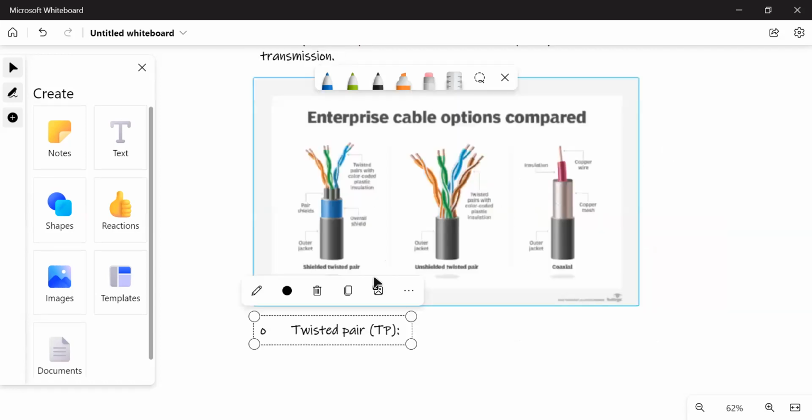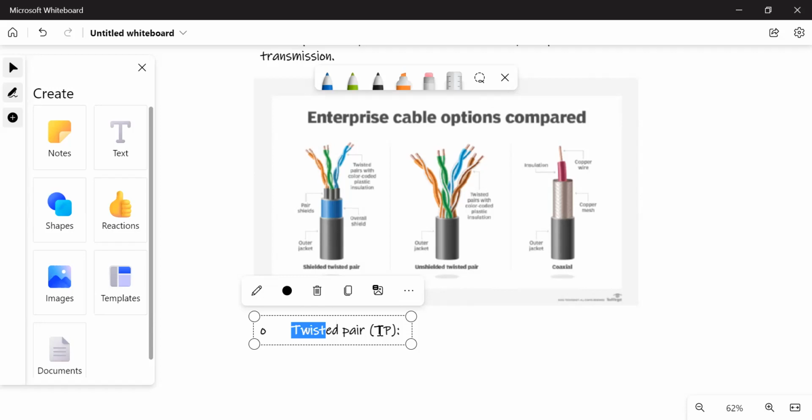Unshielded means we simply have an outer cover, but then you have these twisted pair cables. But in shielded ones, we have a special cover for this, right? And this is much better, and it's expensive as well, right? So this is for better transmission.